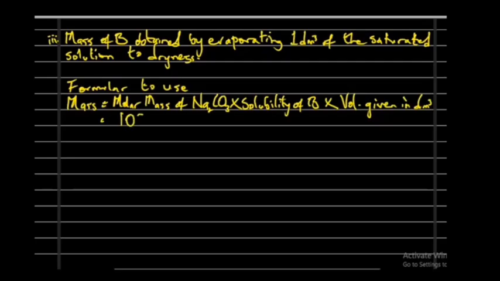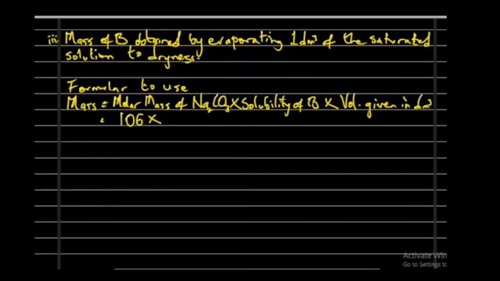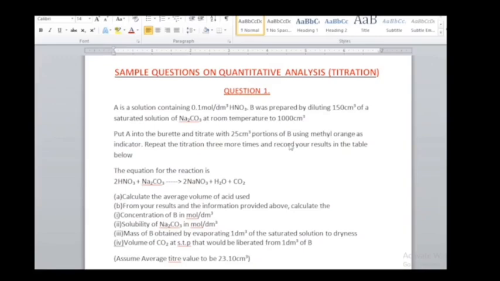We know that the molar mass of sodium trioxocarbonate is 106, multiplied by the solubility of B, which we just calculated to be 0.348. So that is what we are using, 0.348, multiplied by the volume given, 1 dm cube. This substance was diluted in 1000 centimeter cube, which is equal to 1 dm cube.